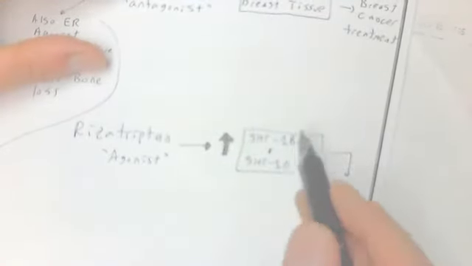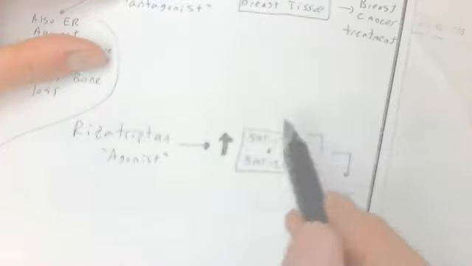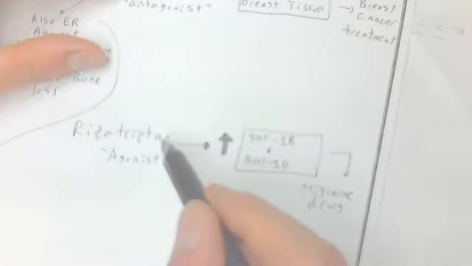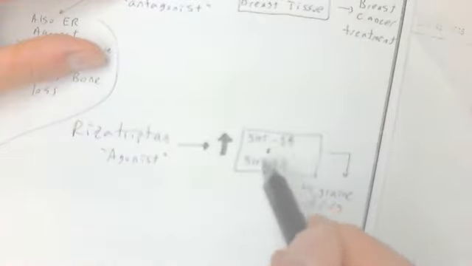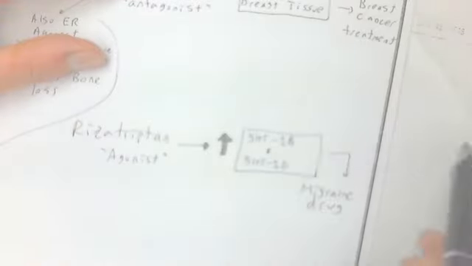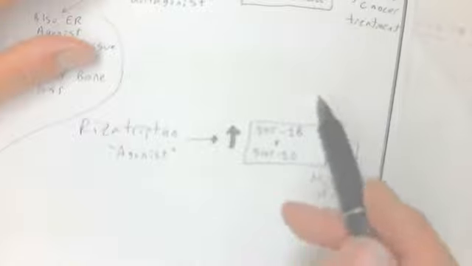One of the classes of migraine drugs are these triptans, and they are agonists of certain serotonin receptors, and that has an anti-migraine effect.